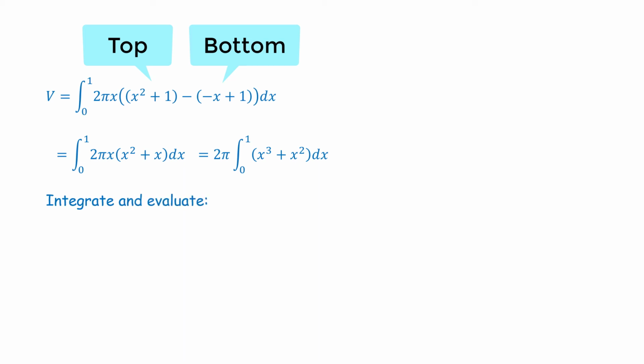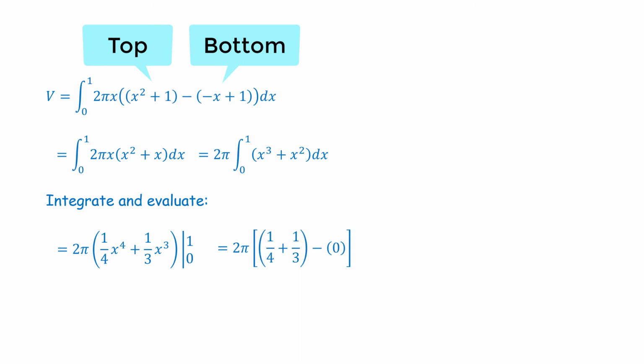We'll find the antiderivative. The 2 pi, that's the constant, stays put. The integral of x cubed would be 1/4 x to the 4th, plus the integral of x squared is 1/3 x cubed, and we evaluate that from 0 to 1.